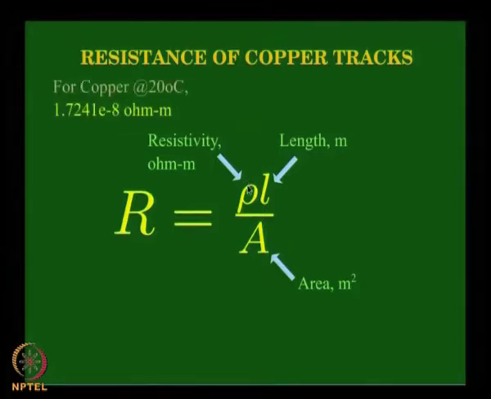Now, for copper, the resistivity can be obtained from the science tables. At 20 degree centigrade, the resistivity value is 1.7241 E minus 8, or 10 to the power of minus 8 ohm meter. Okay.